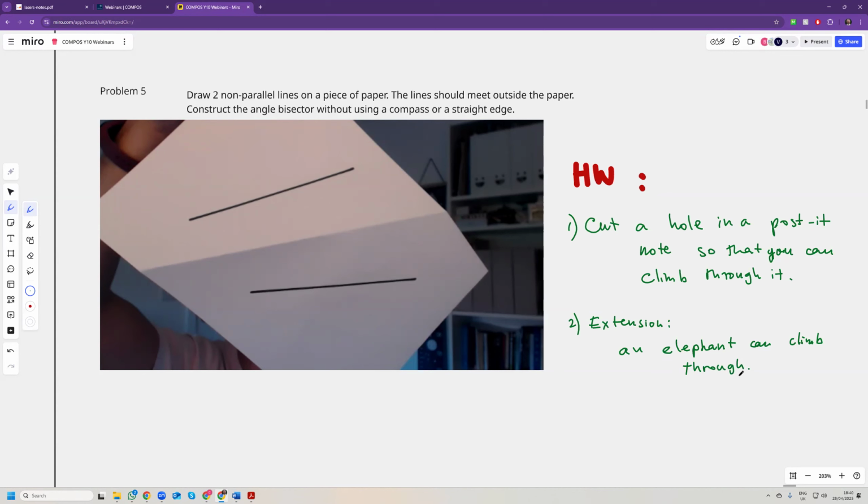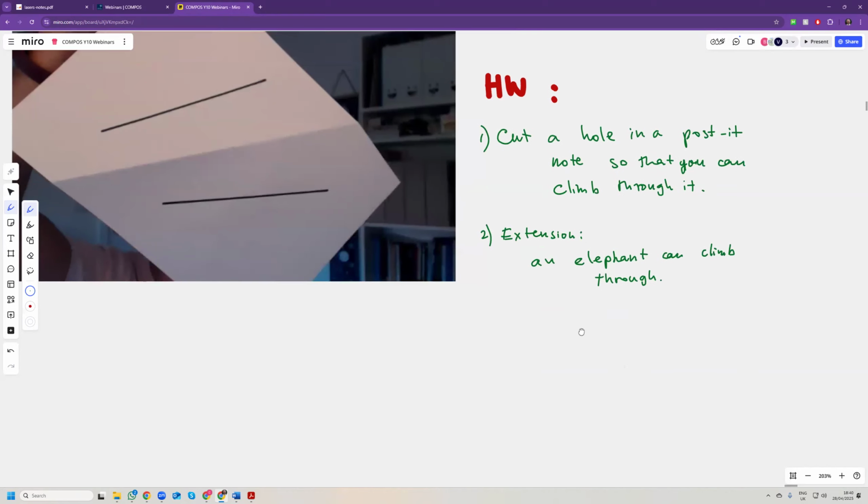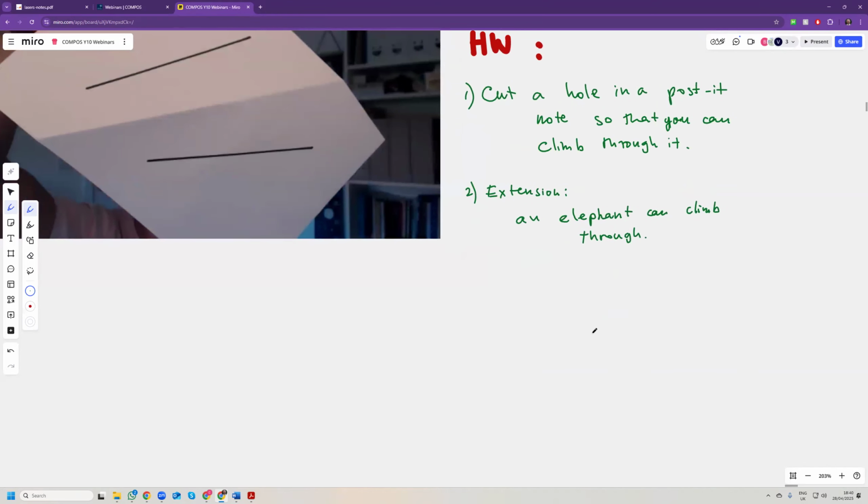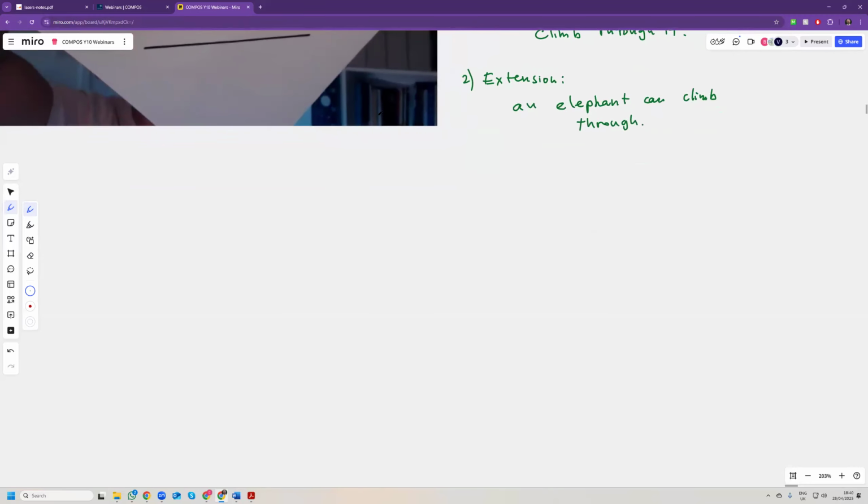Okay. Does anyone know how to do it? Well, I'm guessing there is a size limit. Let's say a post-it note is 10 centimeters by 10 centimeters, so it's 0.01 square meters.